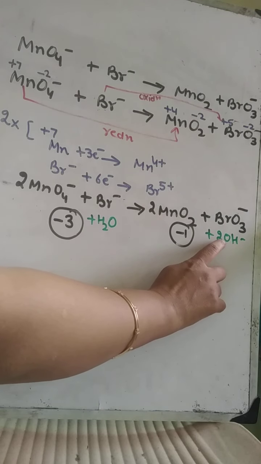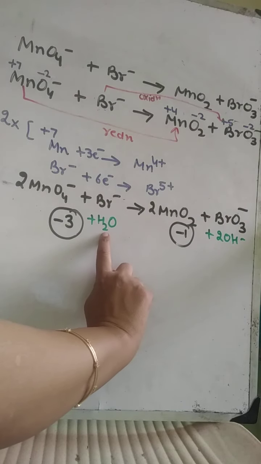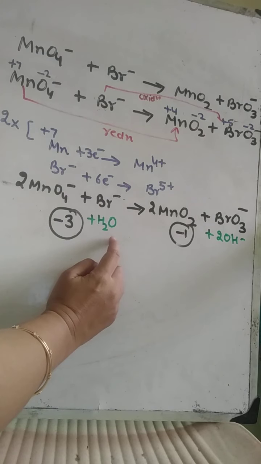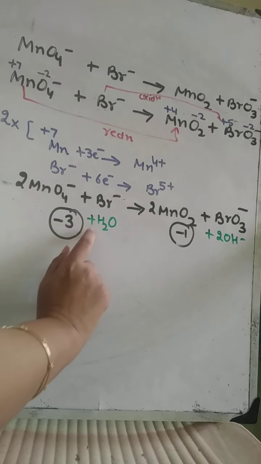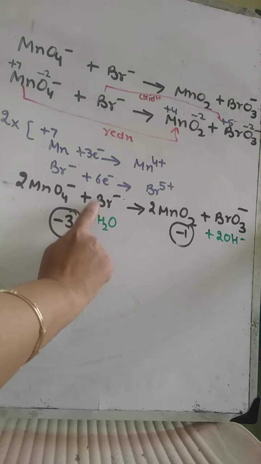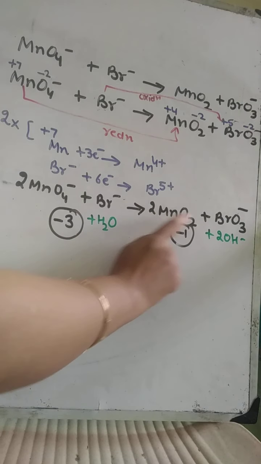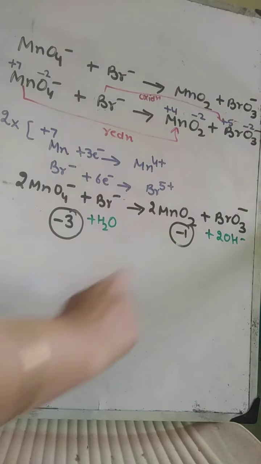Now since I added 2 H on this side, to balance this H, I will add half the number of waters on the left hand side. So my total balanced redox equation is 2 MnO4 negative plus Br negative plus water, giving me 2 MnO2 plus BrO3 negative plus 2 OH negative.